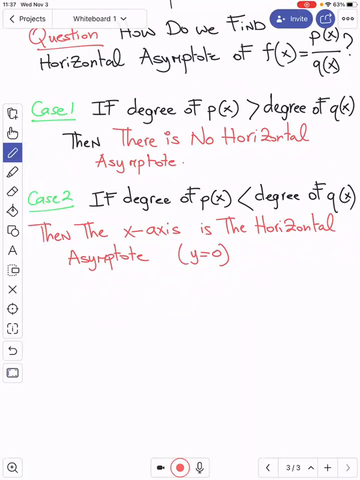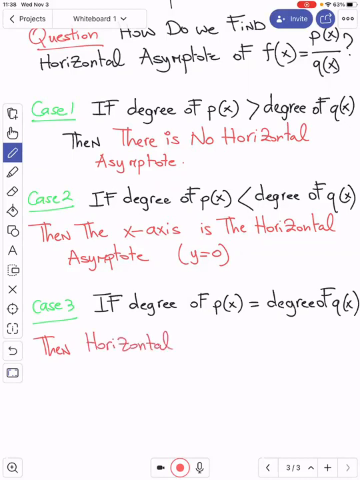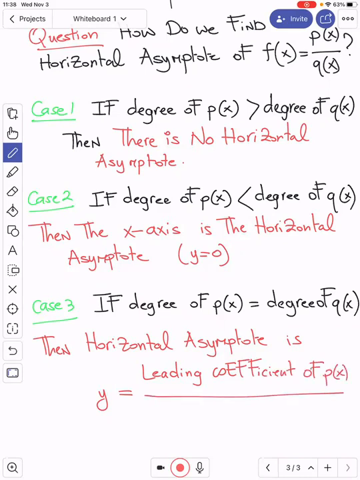If they have the same degrees, then the horizontal asymptote is going to be given by the ratio of the leading coefficients. So the horizontal asymptote is y equals the leading coefficient of p over the leading coefficient of q.